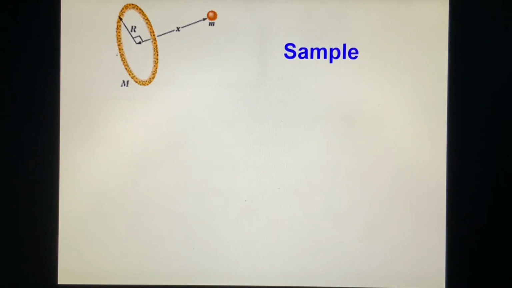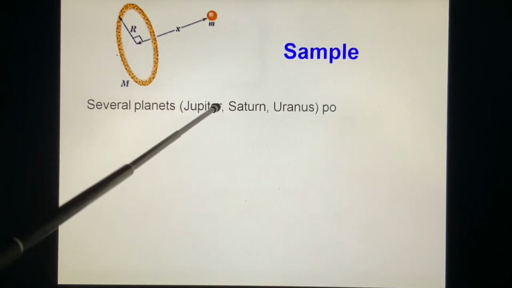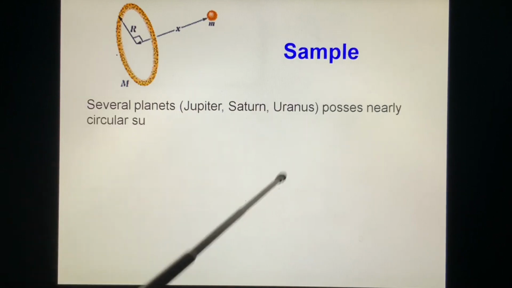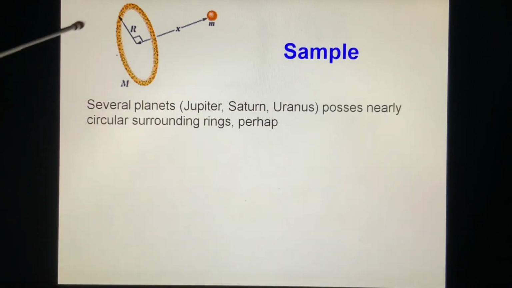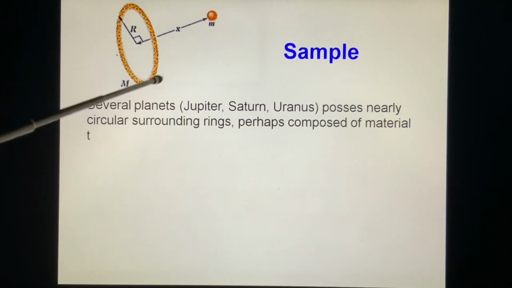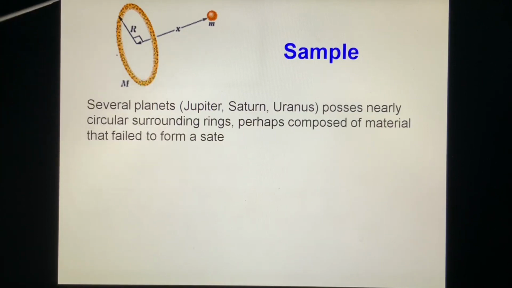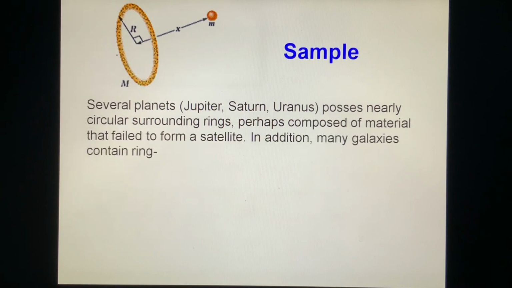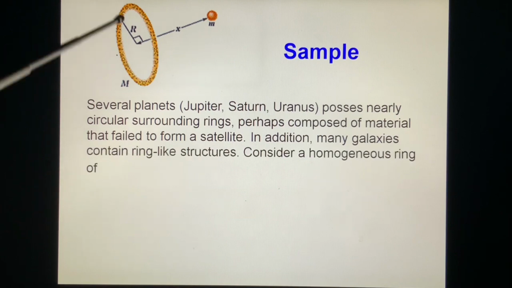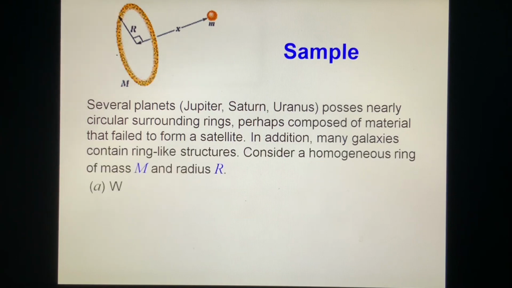Sample. Several planets, Jupiter, Saturn, Uranus, possess nearly circular surrounding rings, perhaps composed of material that failed to form a satellite. In addition, many galaxies contain ring-like structures.